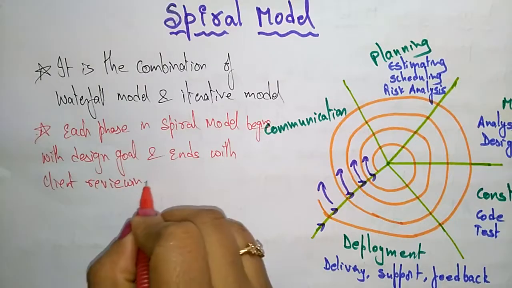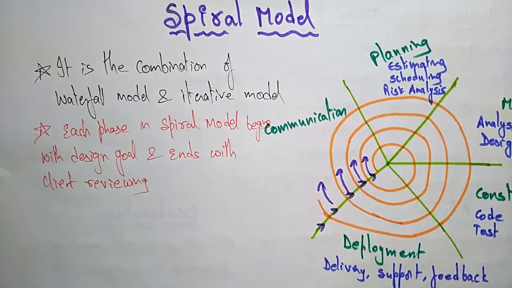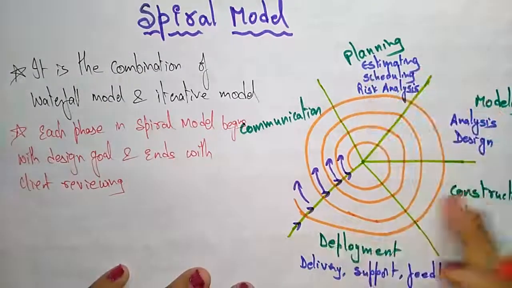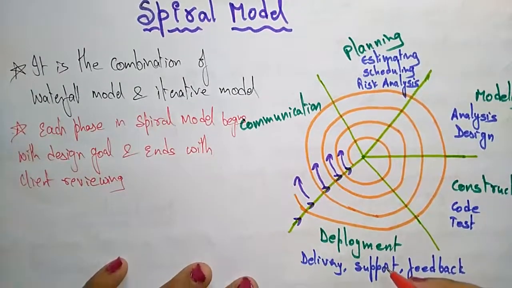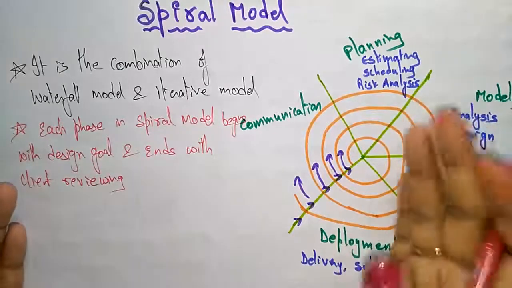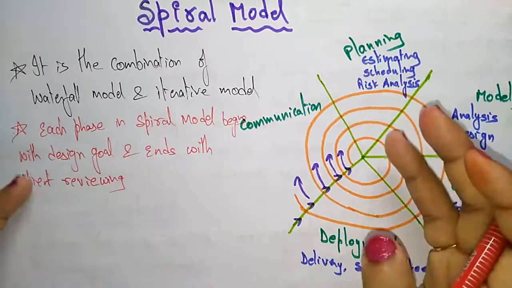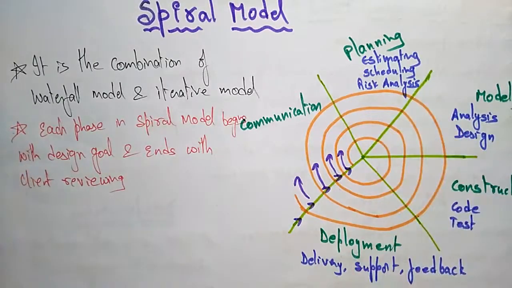Whatever phase you are taking, whether planning, modeling or construction, here I am taking five different phases: communication, planning, modeling, construction and deployment. In each phase, it begins with the design goal and ends with the client reviewing.